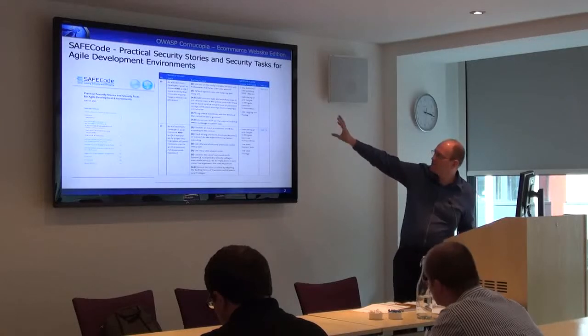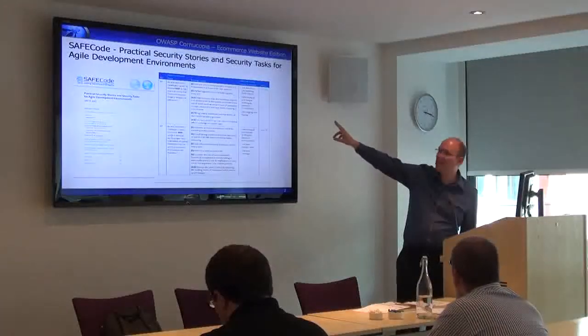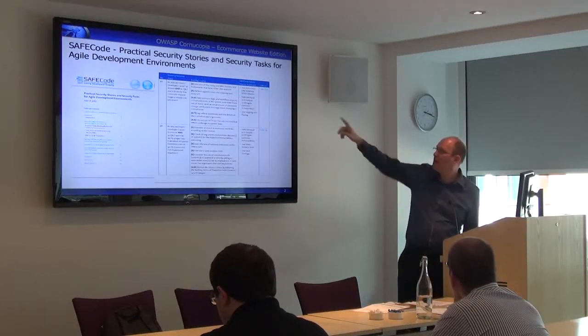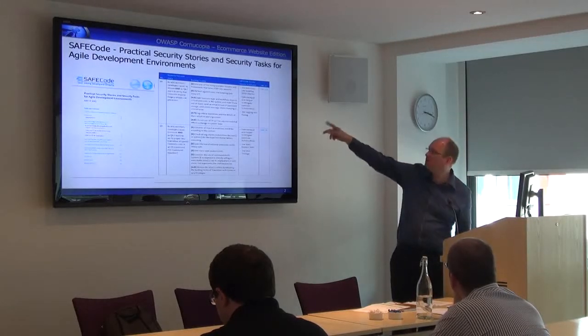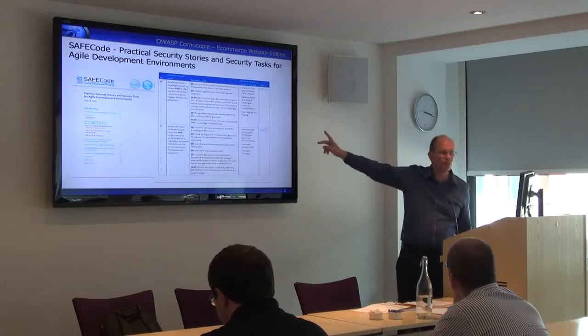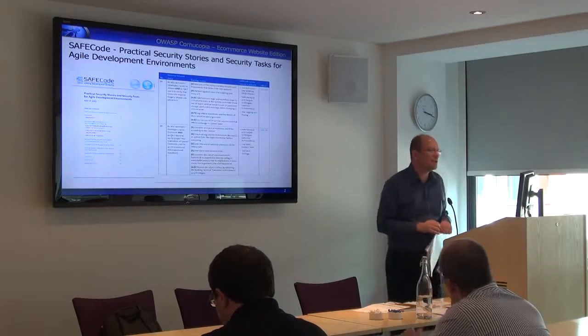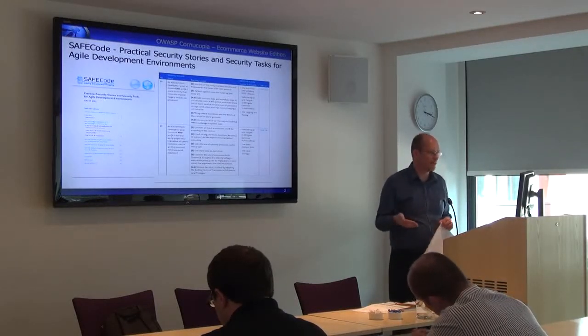Then it has cross-references to one of their other documents, the SafeCode Fundamental Practices for Secure Software Development, and to the Common Weakness Enumeration. So for cross-site scripting, that's number 352. There's a whole raft of interesting security stories that could be pulled into agile development practices.